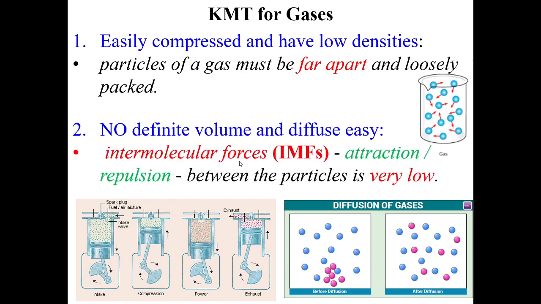That's because intermolecular forces of attraction and repulsion are very, very low. So these IMFs, super, super low, means that things can just move around really easily. There's no barriers, there's nothing slowing things down.